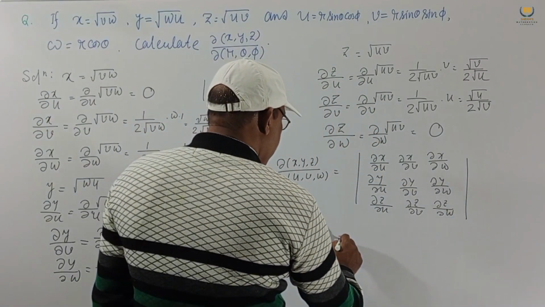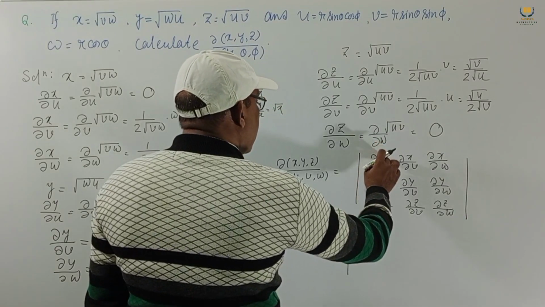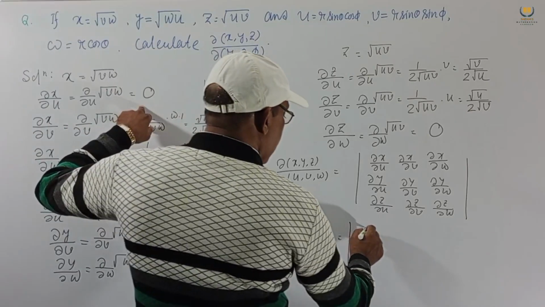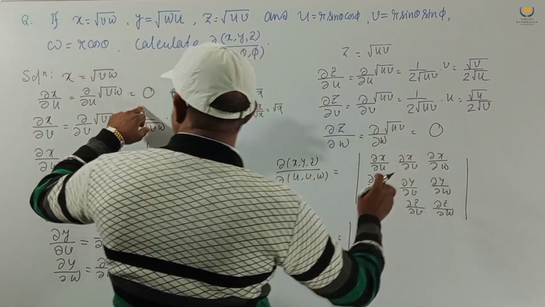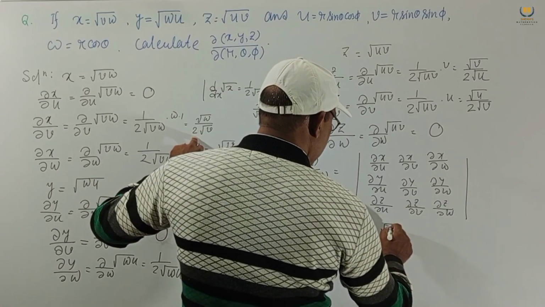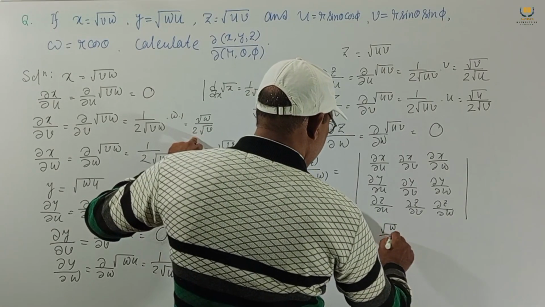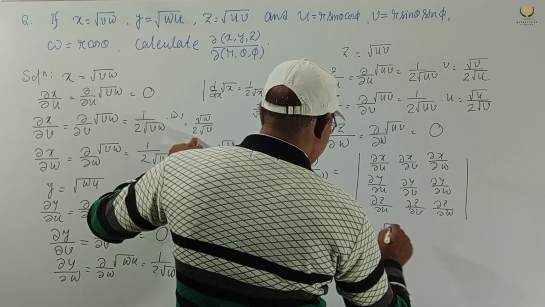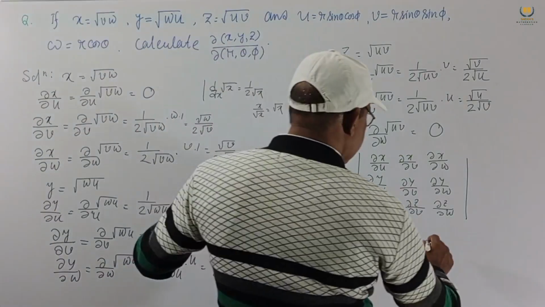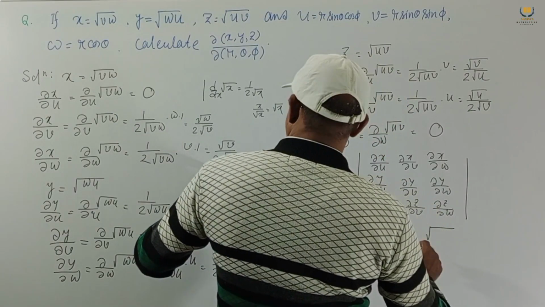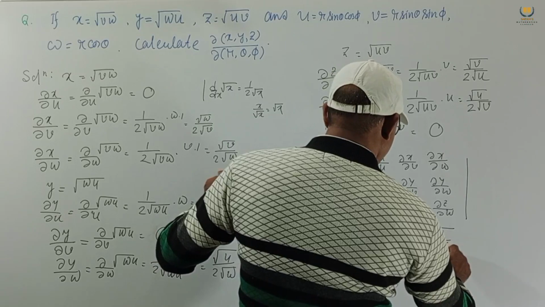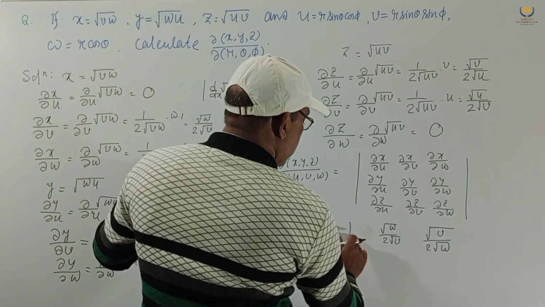Now putting in the respective values, ∂x/∂u is 0, ∂x/∂v is root w by 2 root v, and ∂x/∂w is root v by 2 root w.